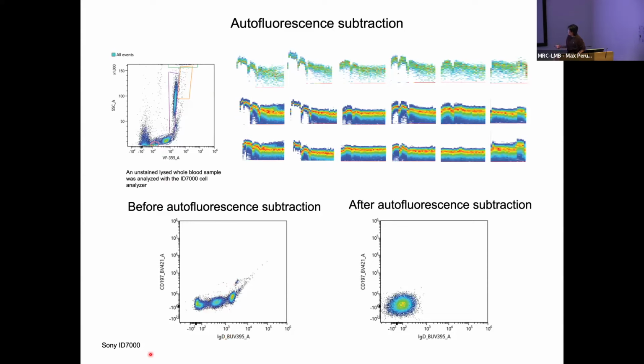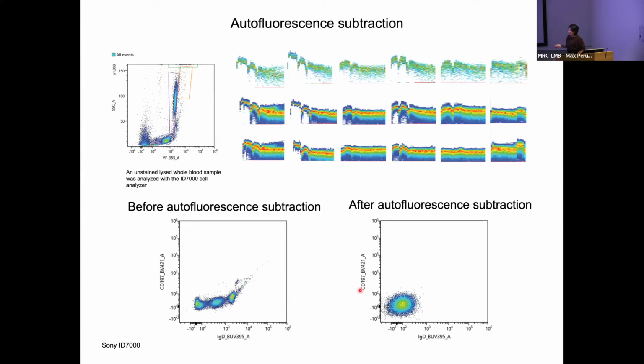By performing autofluorescence subtraction here, we clean up the plots, and we can now reveal any weak signal coming from the BUV 395. So this is a very powerful aspect of spectral technology.